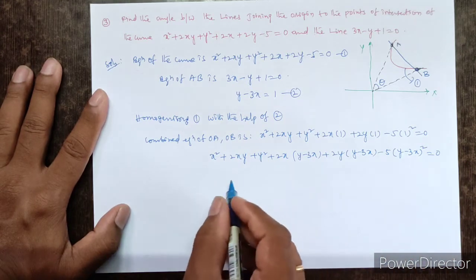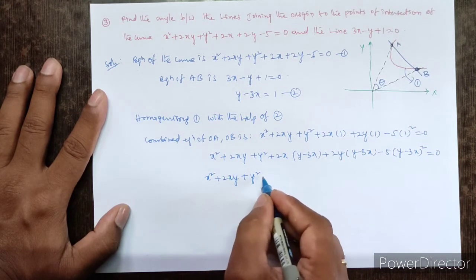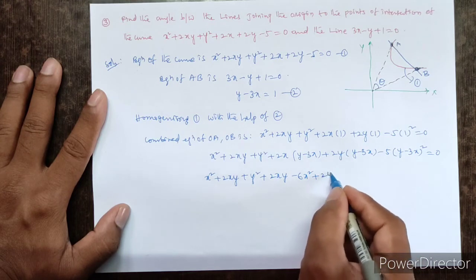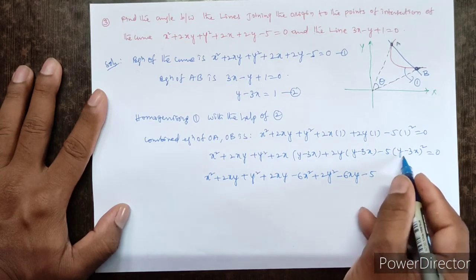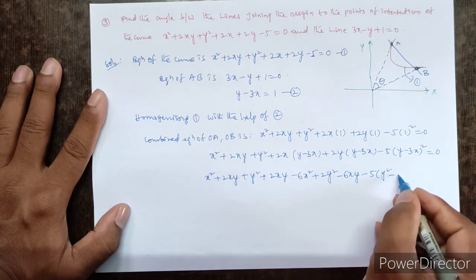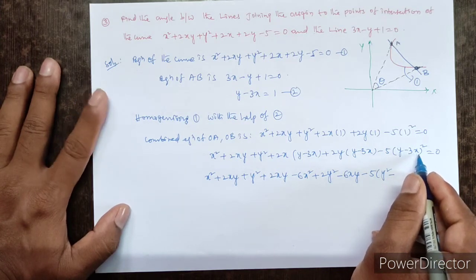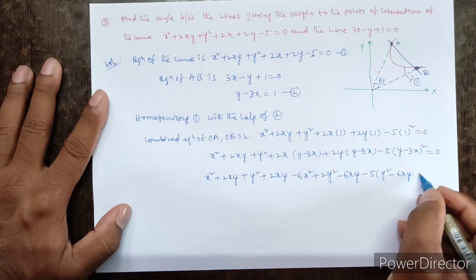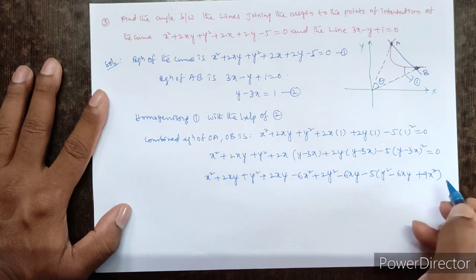Okay, just simplify this one. x square plus 2xy plus y square, plus 2xy minus 6x square, plus 2y square minus 6xy, minus 5 times (a minus b) whole square, which is a square minus 2ab plus b square. 2ab is nothing but minus 6xy, plus b square, and a square is 9x square, equal to 0.